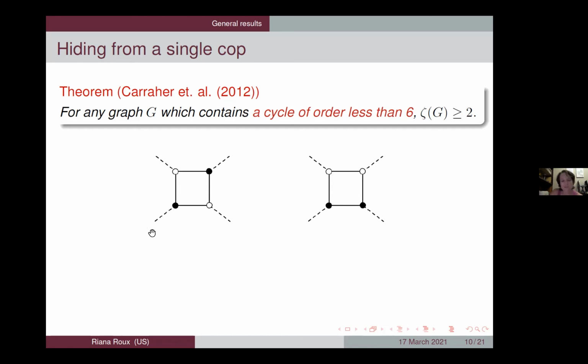So for a single cop, these are the 2 possibilities that can happen if the cop probes a vertex in the graph. It can either happen that we have a diagonal safe set, so that these 2 vertices, black vertices, have the same distance away from the probe vertex, or we can have an adjacent safe set.